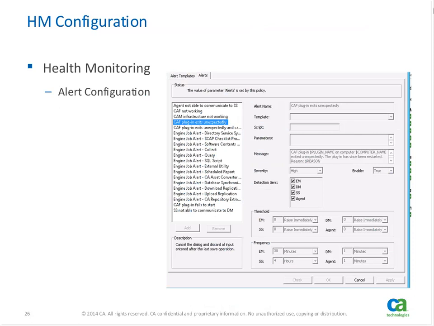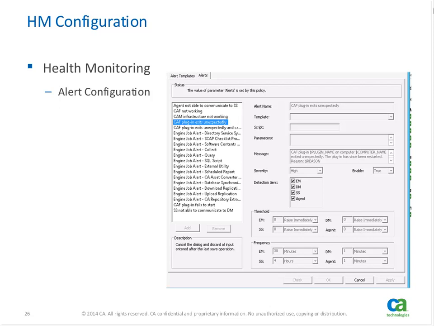For health monitoring under alert configuration, you would select the alert name that you're interested in, or you may want to clone this alert because you might want to have different configurations on different machines. So you might have CAF plugin exits unexpectedly on laptops, CAF plugin exits unexpectedly on desktops.